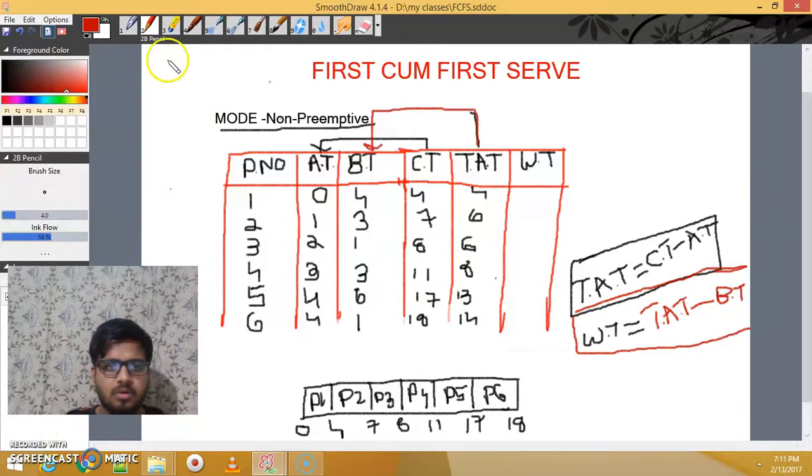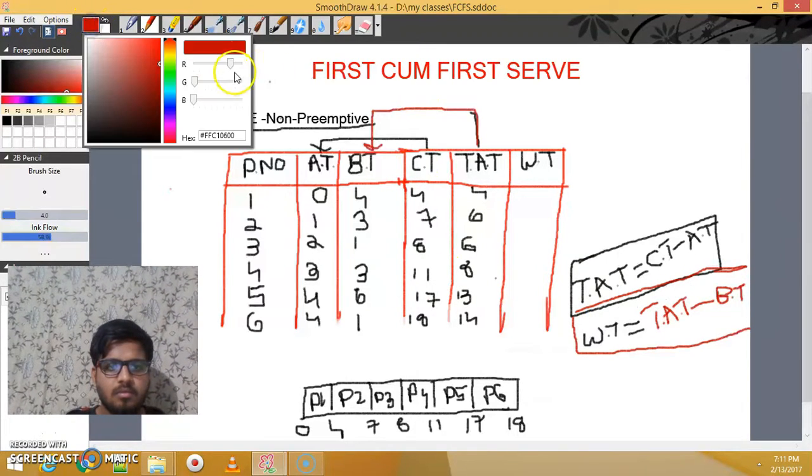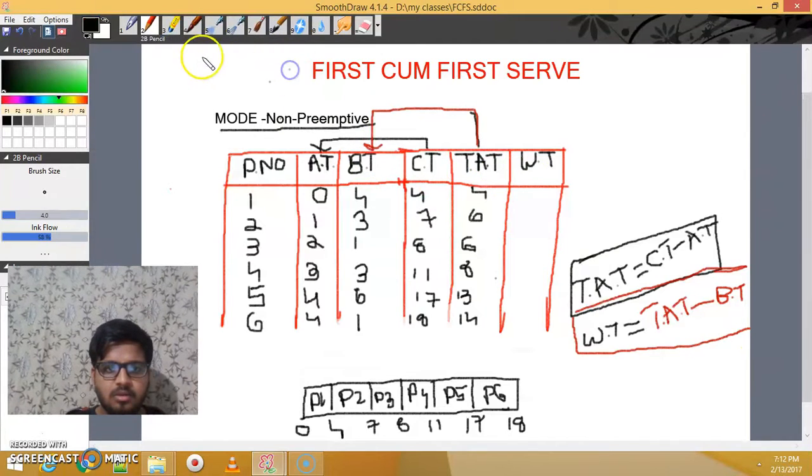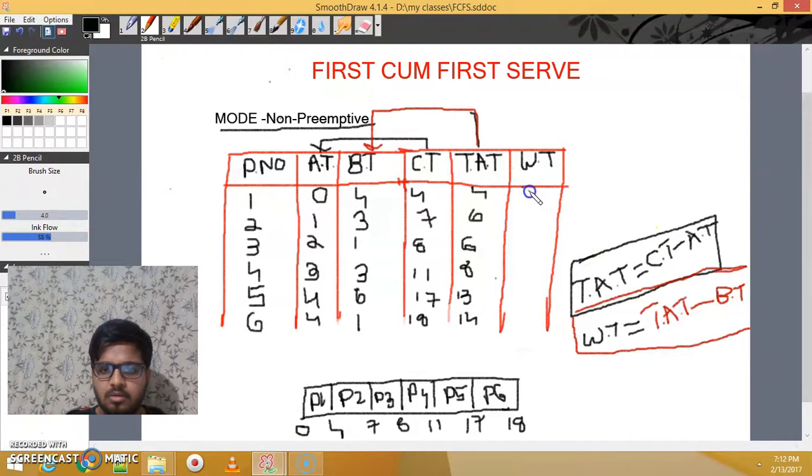So waiting time is turnaround time minus burst time. 4 minus 4, that is 0. 6 minus 3, that is 3. 6 minus 1, that is 5.